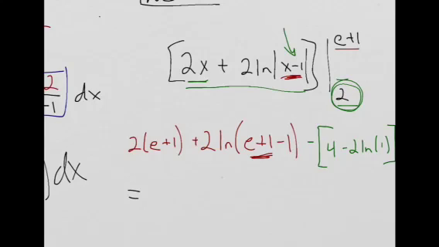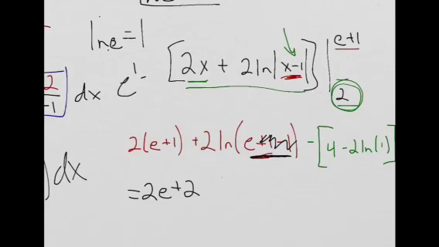So I get 2e plus 2. I know that this right here gives me e. These cancel. I know ln of e is equal to 1, because e to the first power, since this is log base e, is e. So I get minus 2 times ln of e, which is 1. That's this whole term condensed into there.